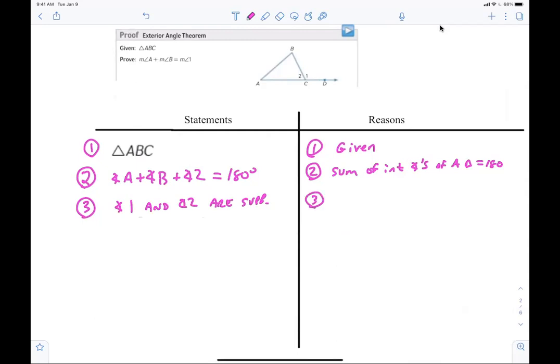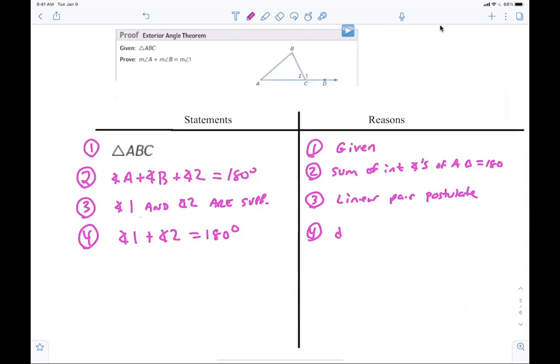That's the linear pair postulate. We're leaving out that angle 1 and 2 form a linear pair, which is totally fine with me. If they are supplementary, then angle 1 plus angle 2 equals 180 degrees. Definition of supplementary.